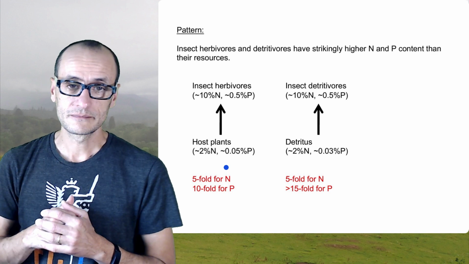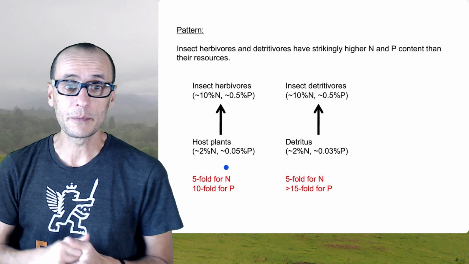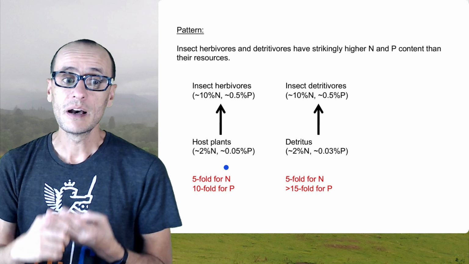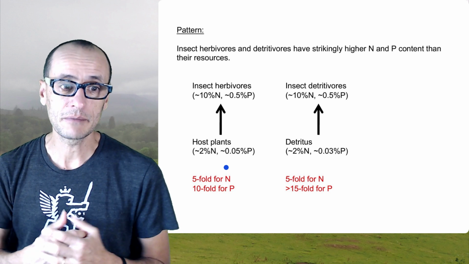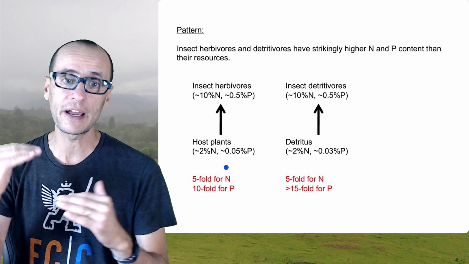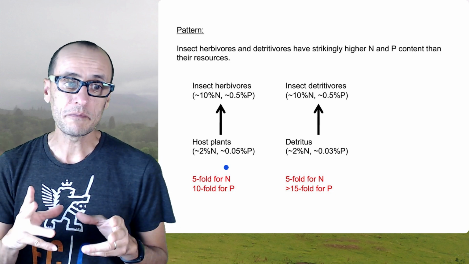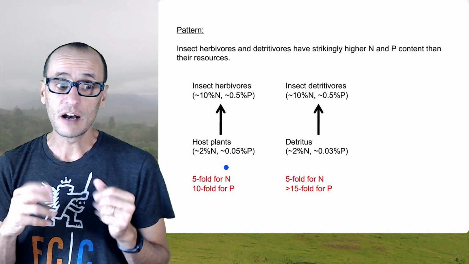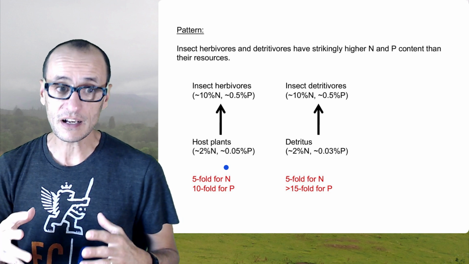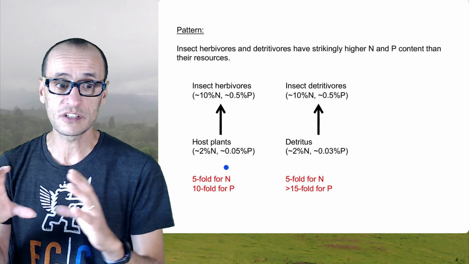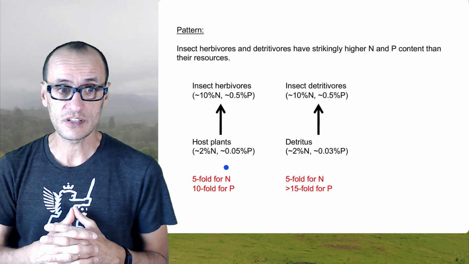So all organisms are comprised of these same major elements, carbon, nitrogen, phosphorus, but the relative balance of these elements differs vastly between organisms occupying different trophic levels. The optimal situation for animals is for their body composition, their carbon to nitrogen to phosphorus ratio, to closely match that of their resources.